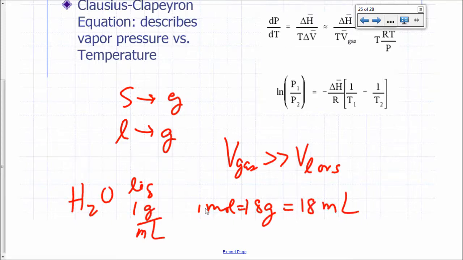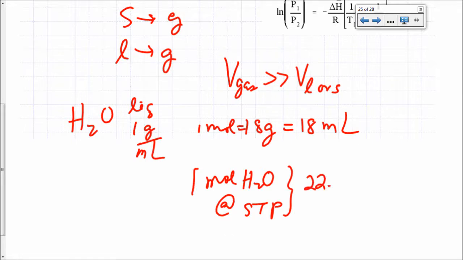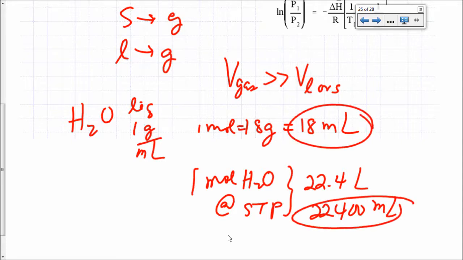Compare that to 1 mole of water at STP. Okay, what's a mole of water at STP? 22.4 liters. So that's 22,400 milliliters. Okay. So what's the volume change if you go from 18 mils to 22,400?